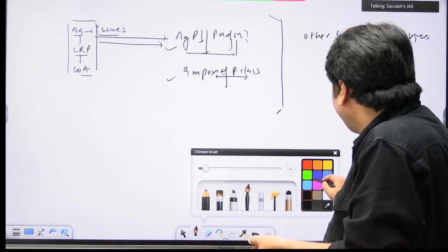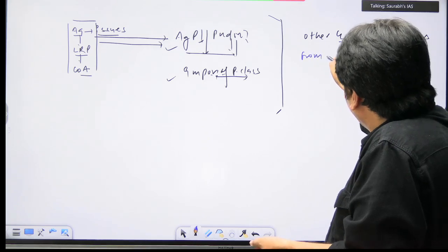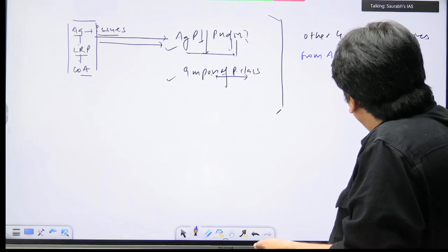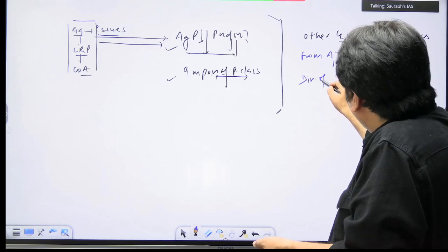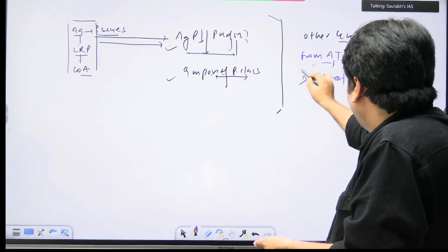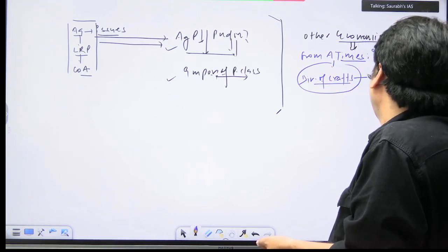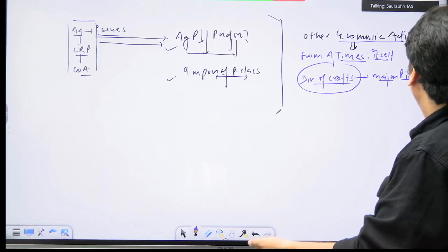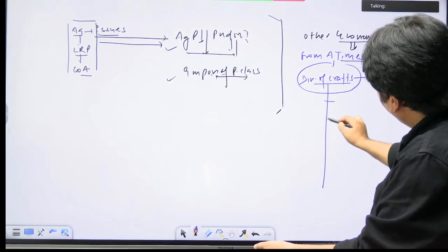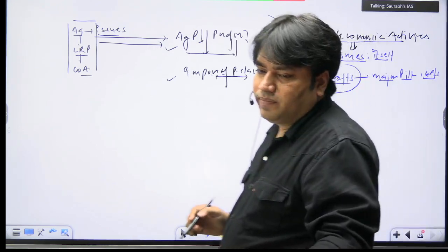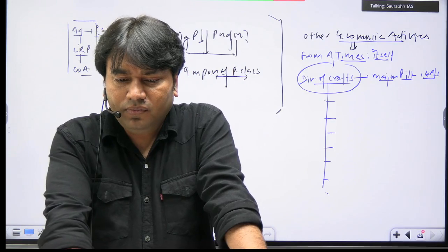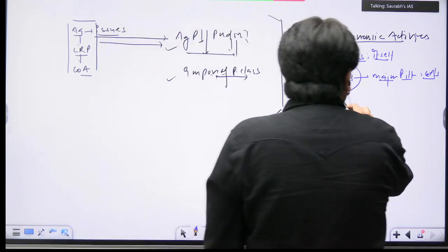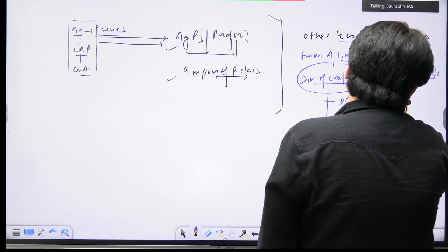So write this point, that from ancient times itself, diversification of crafts was one of the major pillars for economic activities in India. For example, I am writing here, cotton textile craft.